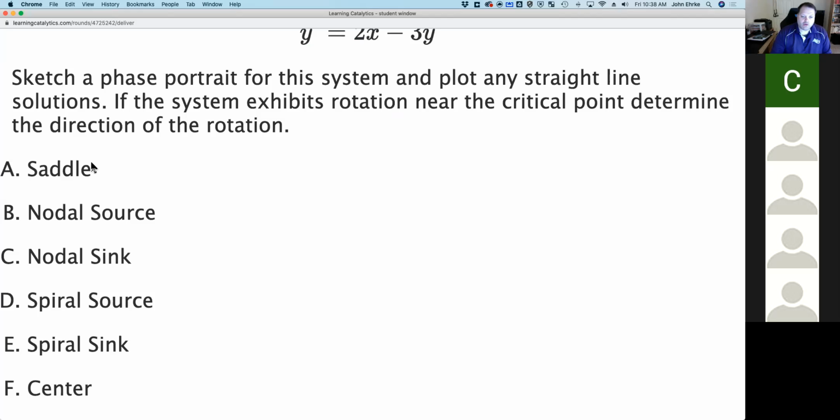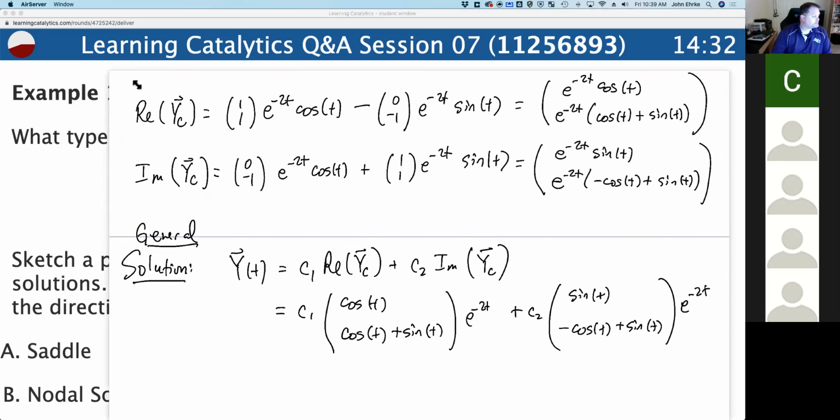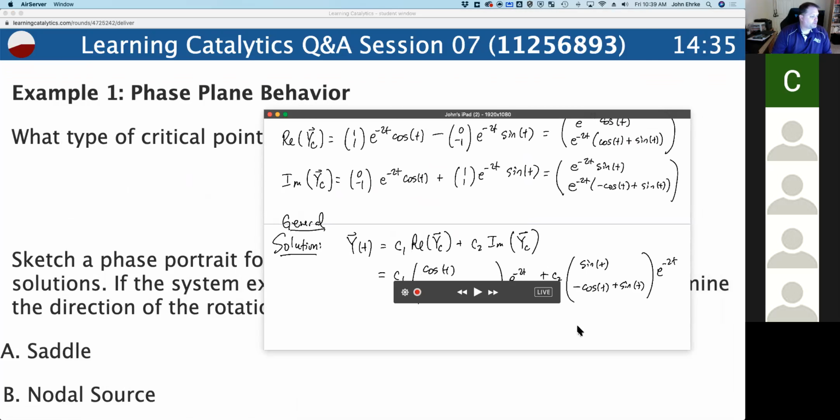Now, you may or may not know this, but you can tell by looking at the solution which one it's going to be. If you understand what the solution is representing geometrically, then you understand which of these is the correct answer. And that's what I'm trying to figure out this morning, is if we understand that or not. So based on this solution, I claim that you can tell me what kind of behavior you're seeing here.